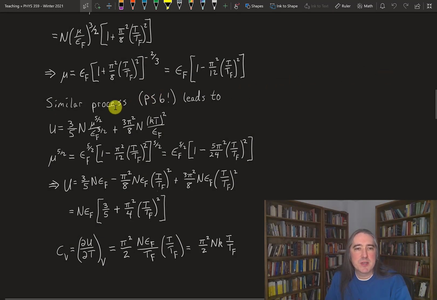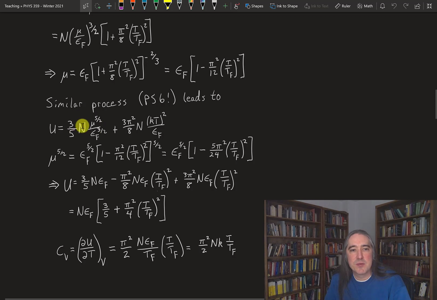We can use a similar process, in fact a very similar process, which you will do on problem set 6. It's going to be lots of fun, to calculate the energy of the gas. And what we find is 3/2 n mu to the 5/2 over E Fermi to the 3/2 if you plug in the 0th order value for the chemical potential, which is to say E Fermi.